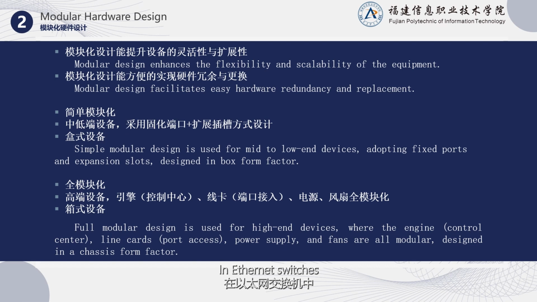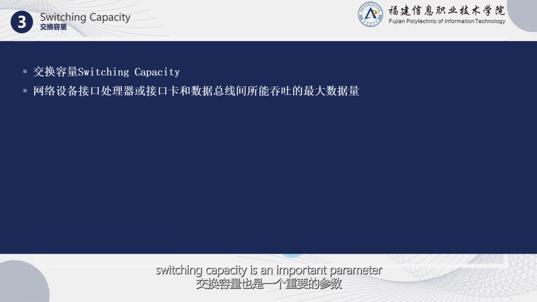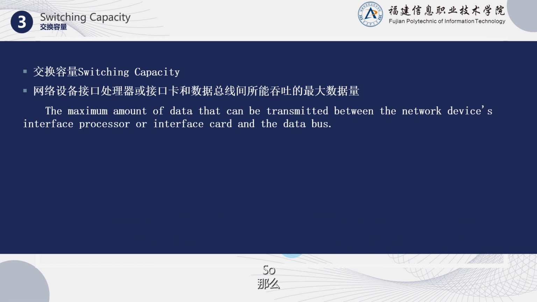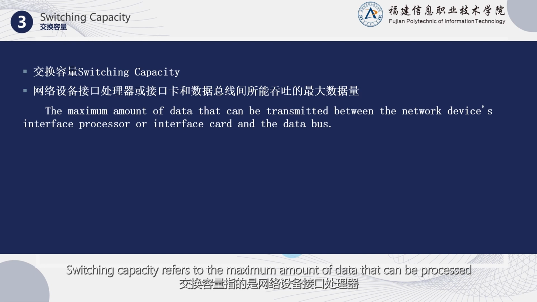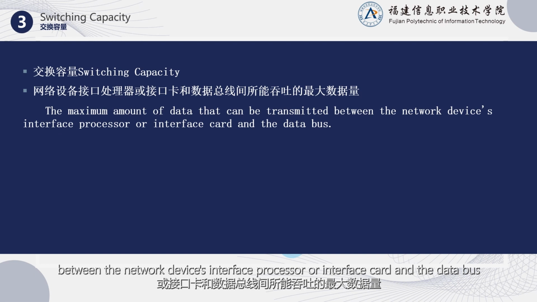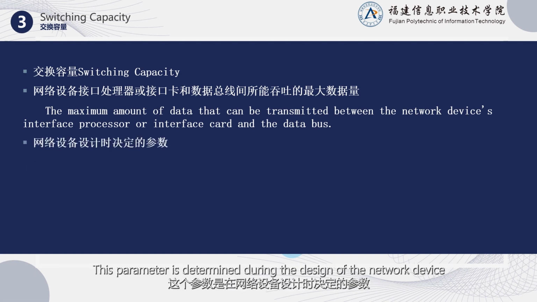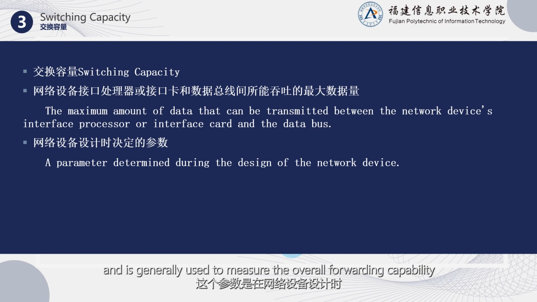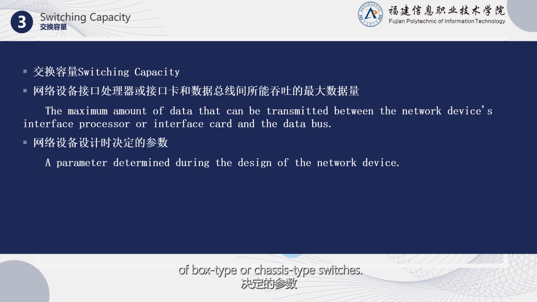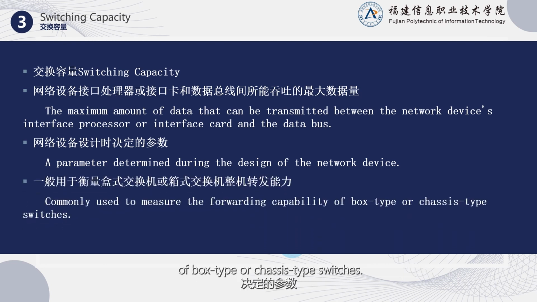In Ethernet switches, switching capacity is an important parameter. So, what does switching capacity mean? Switching capacity refers to the maximum amount of data that can be processed between the network device interface processor or interface card and the data bus. This parameter is determined during the design of the network device, and is generally used to measure the overall forwarding capability of box-type or chassis-type switches.